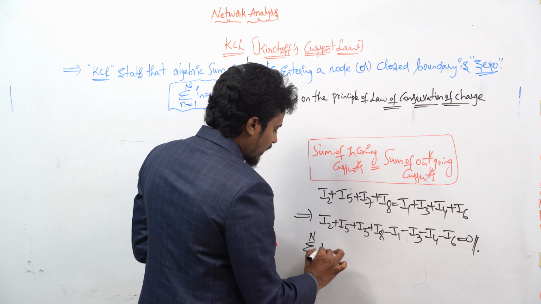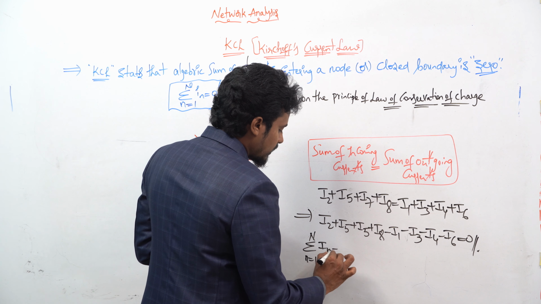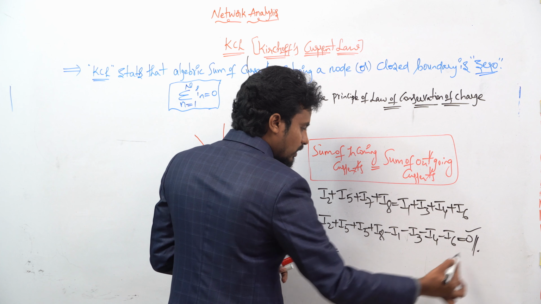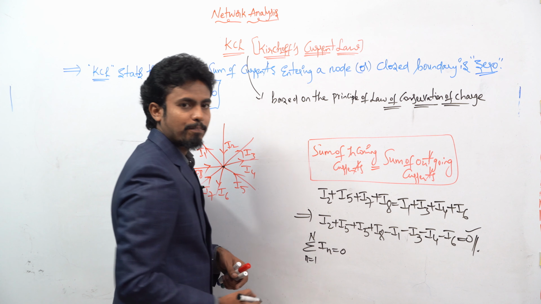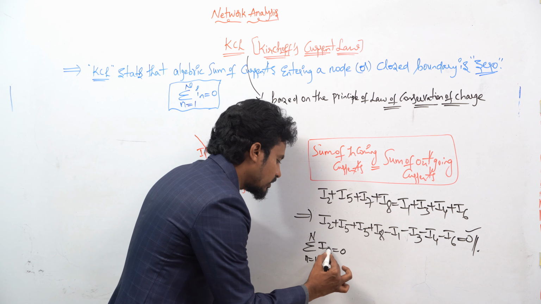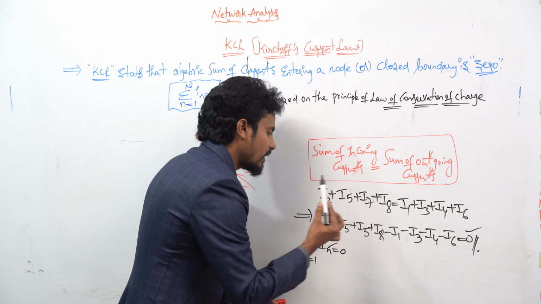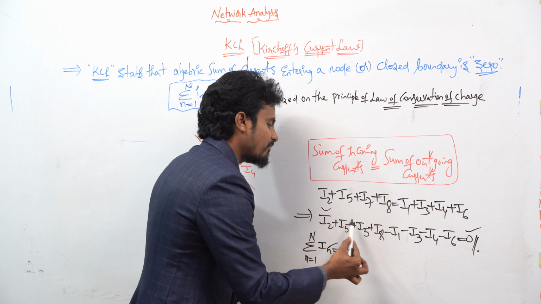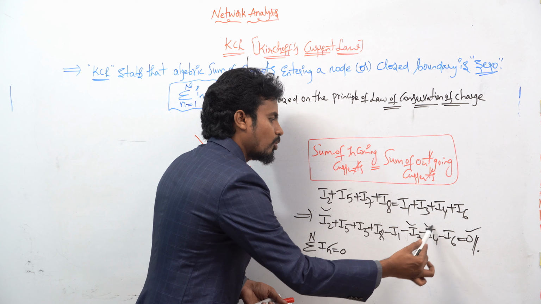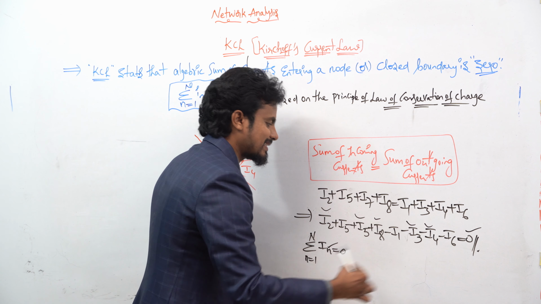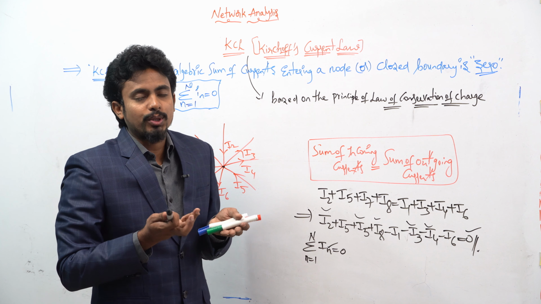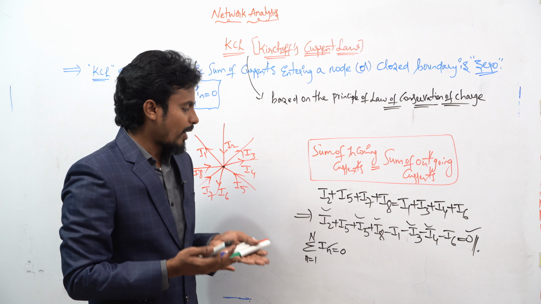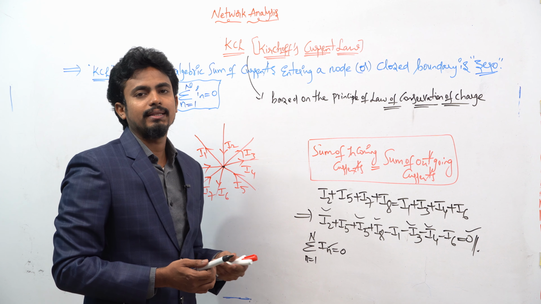So the summation of i_n equals 0. In place of n, I put 1, then 2, then 3, 4, 5, 6, up to the n elements.